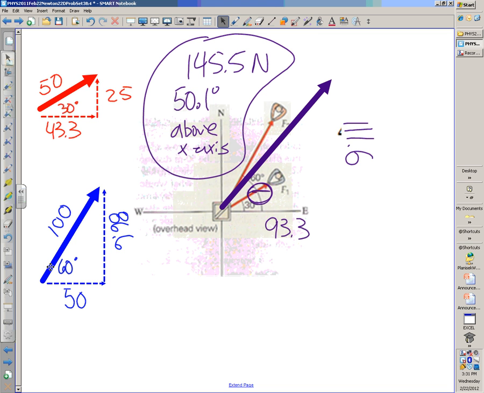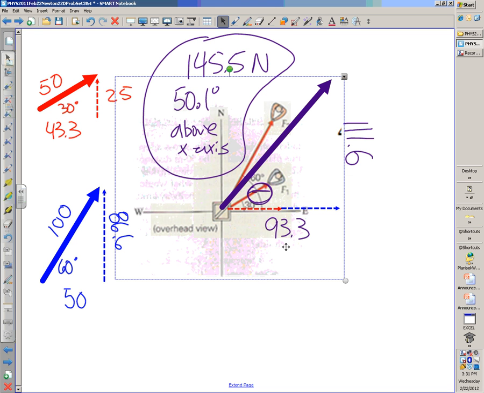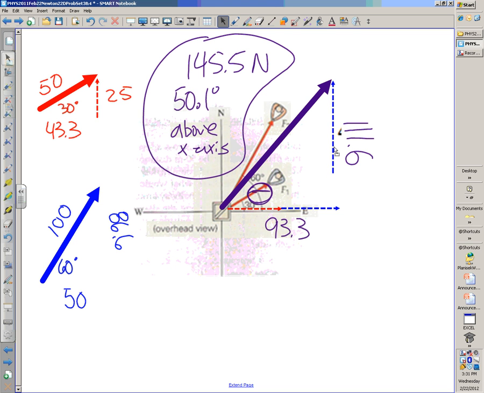Because the x components point in the same direction, we can add them together to get a total of 93.3. Then we took the y components individually, and once again, because they both point in the same direction, we can add them together.